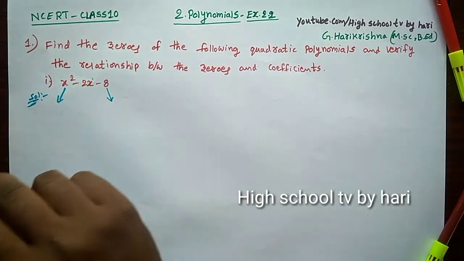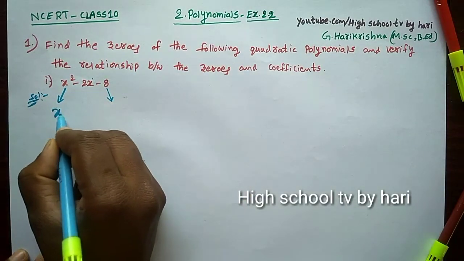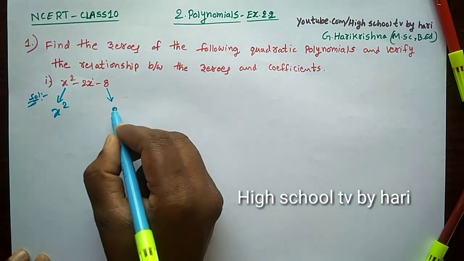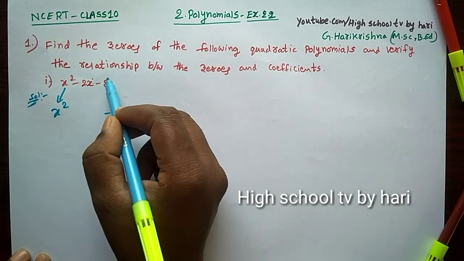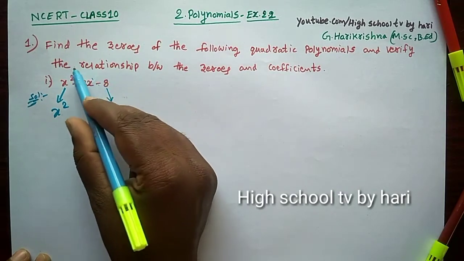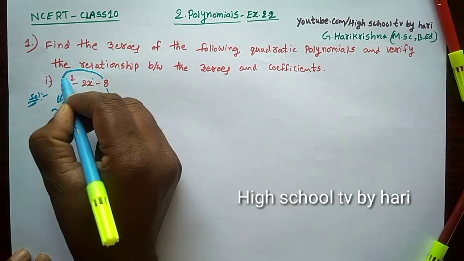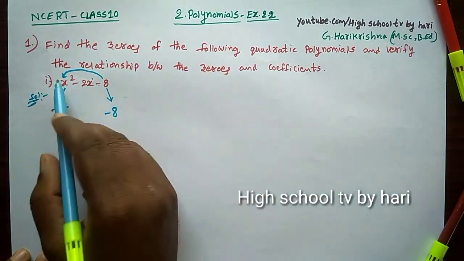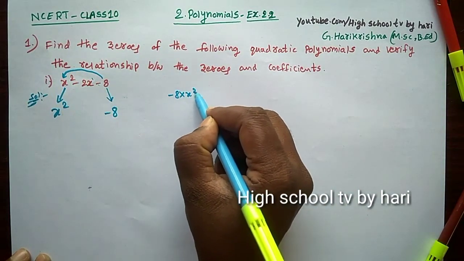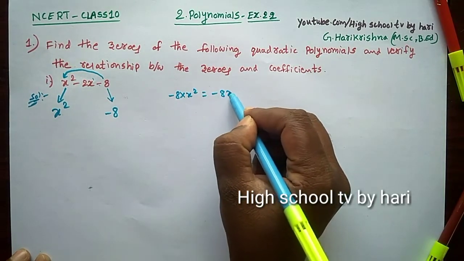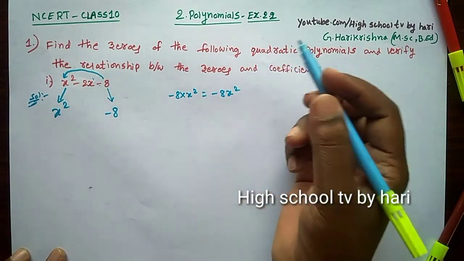First write as it is, x square and minus 8. Find the product of minus 8 into this x square term. Minus 8 into x square is equal to minus 8x square.